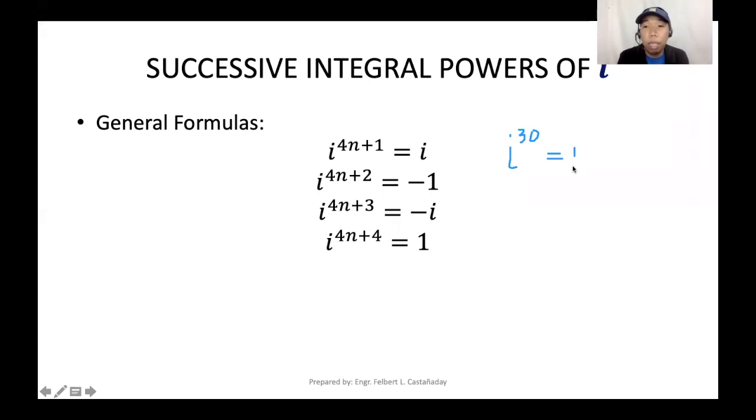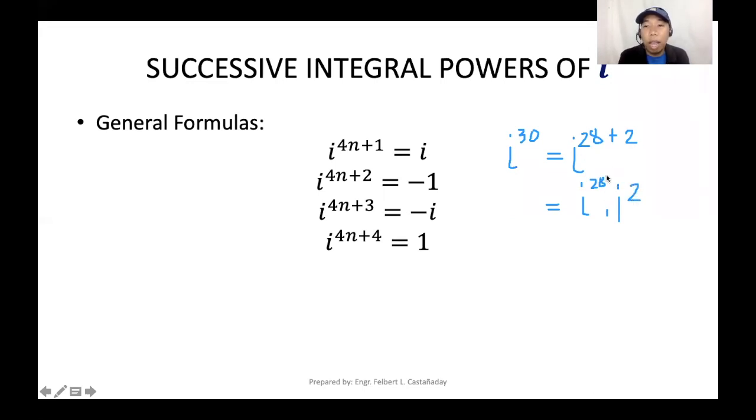So we say i raised to 28 plus 2. So this is just equal to i raised to 30. Or this can be written as i raised to 28 times, of course, i squared.